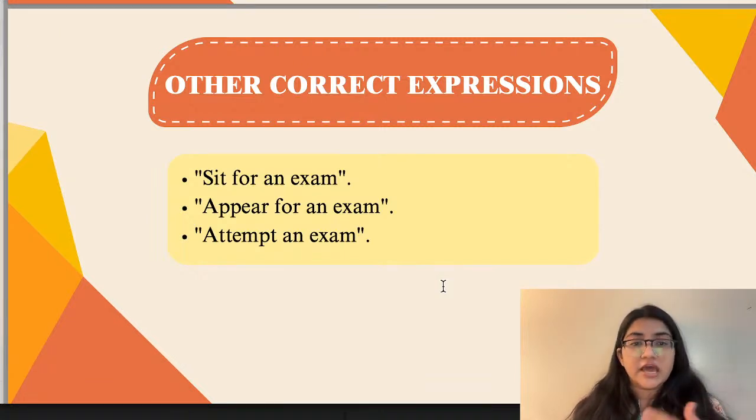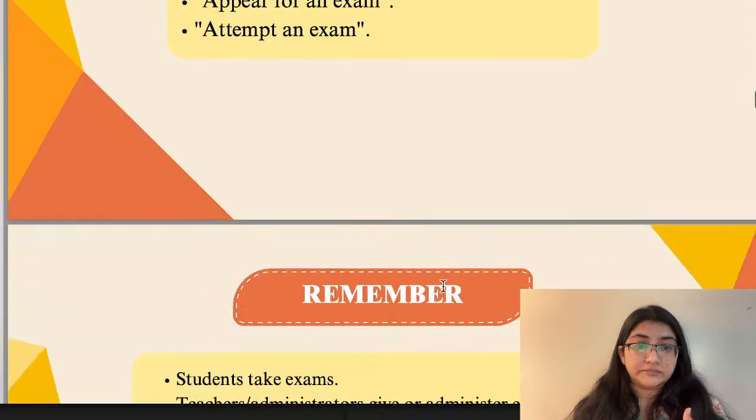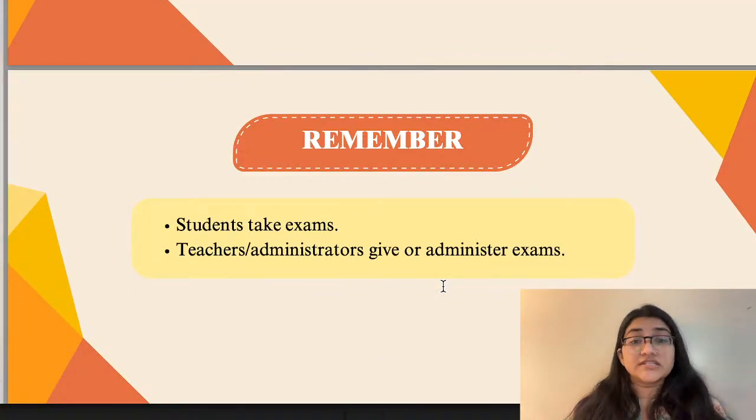You sit for an exam, you appear for an exam, you attempt an exam, as a student, as a learner. So students take examinations and teachers or administrators give or administer exams. Right? So I hope this is clear. Please start dropping Y's in the chat section if it is clear. And keep jotting it down so that you can revisit and revise whenever required and remember it for eternity.